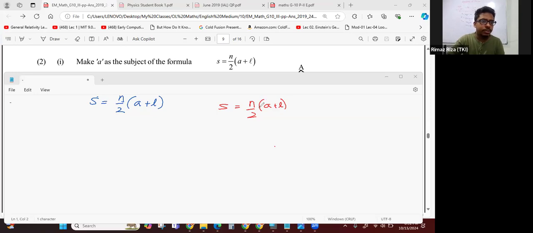So the last thing you did is multiplying with a plus l. So you can take that to the other side. So s multiplication comes to this side as division. A plus l equals n over 2. And then the division by 2 goes to the other side as multiplication. So 2 into s over a plus l equals n.